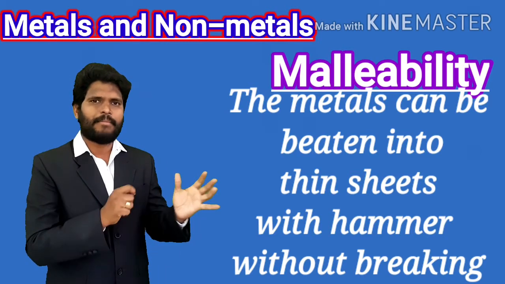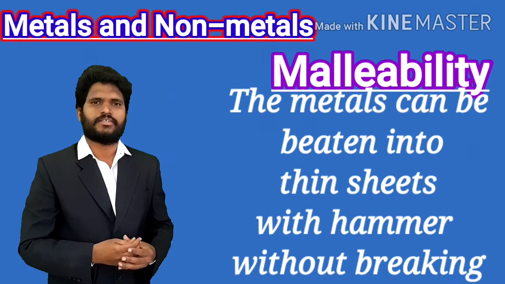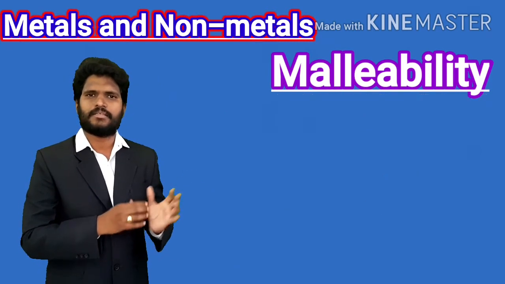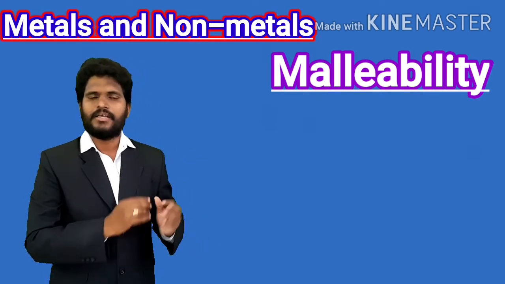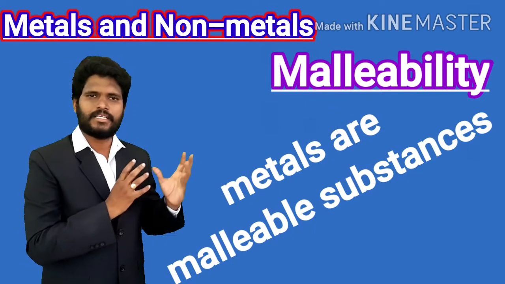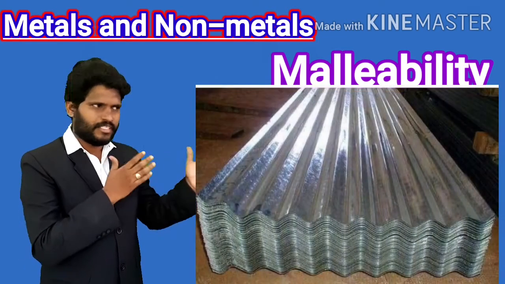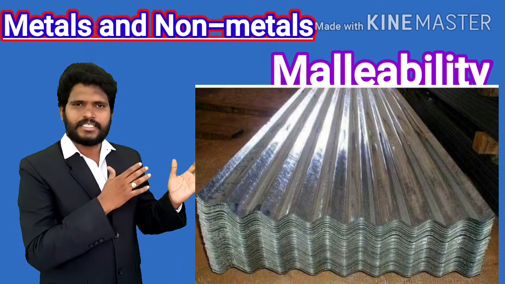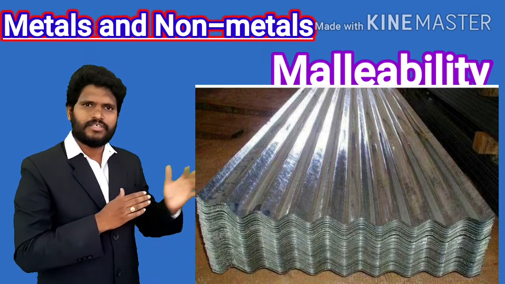That means when we hammer metals, they convert into thin sheets. Generally, metals are highly malleable in nature. If you observe this picture, we can see the iron converted into thin sheets.